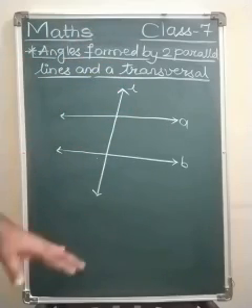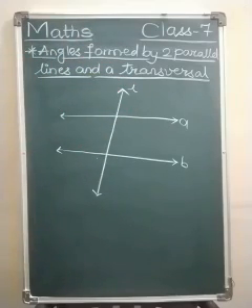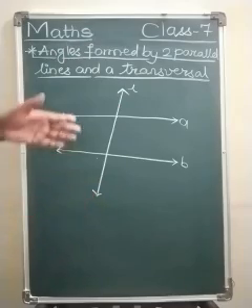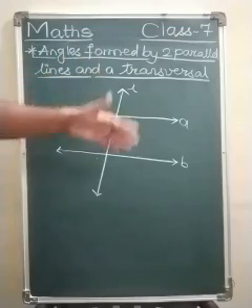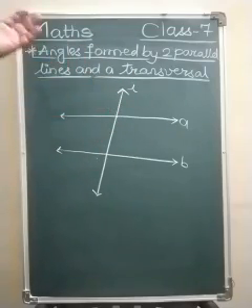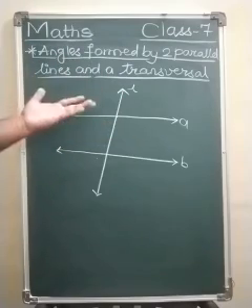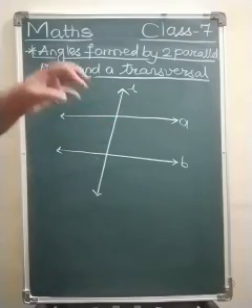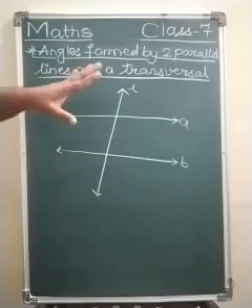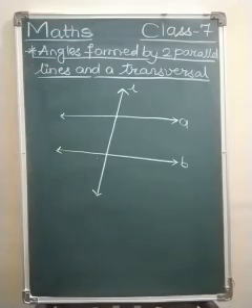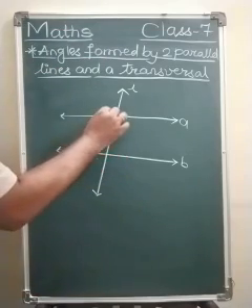Once you get this concept, the whole of exercise 5.2 is the easiest exercise. Only you have to know the concept. How many types of angles are there here? Interior angles, exterior angles, whatever angles are there, that if you see, you can easily solve exercise 5.2. Okay, before going here, first we will name the angles.